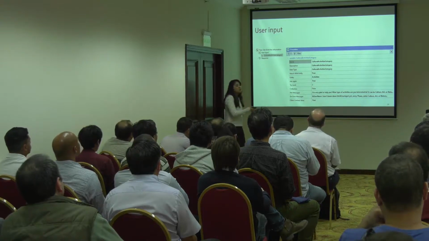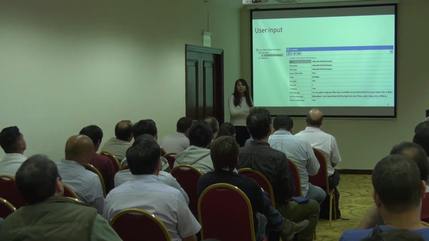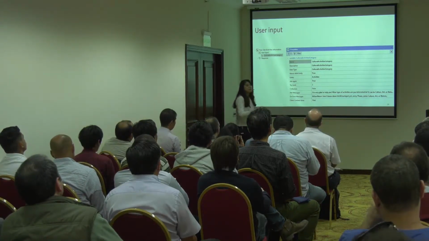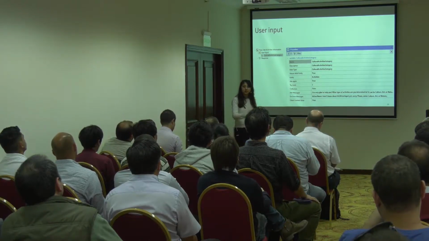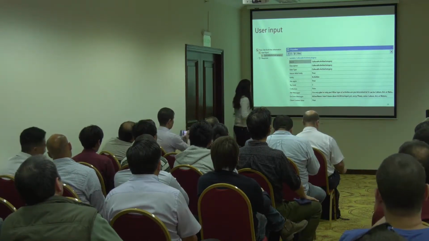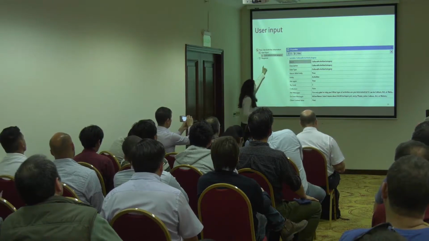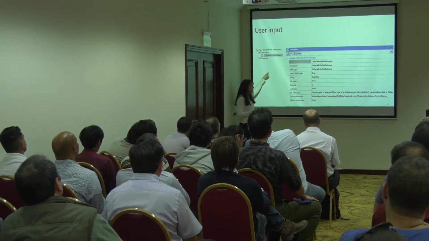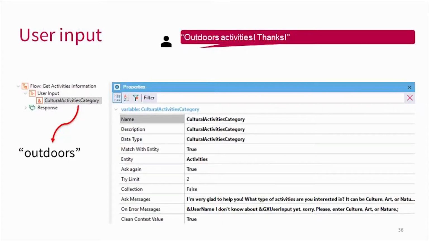Now, if we continue with the flow, how did I ask the user what he really wanted? Well, we have a user input in our flow. We have a property, ask messages. In this property, we tell the user what question we're going to ask so that he replies.